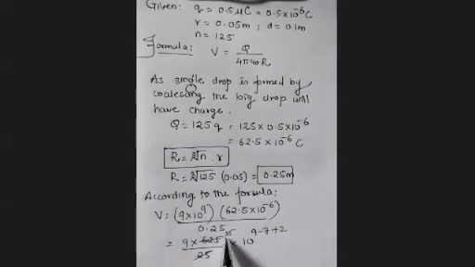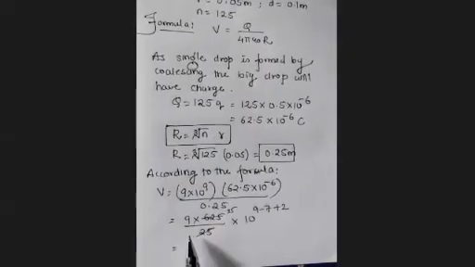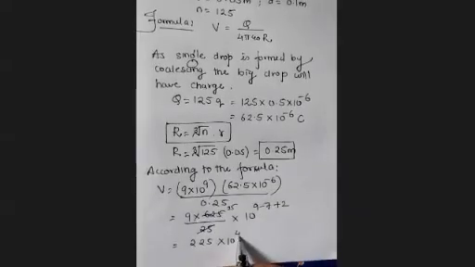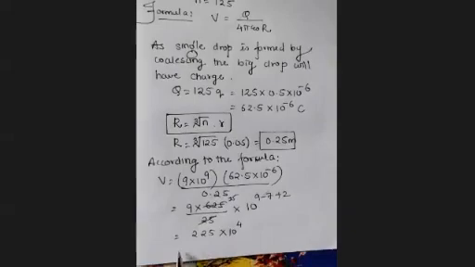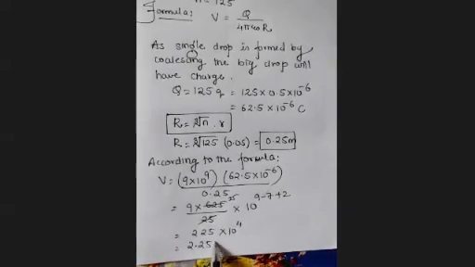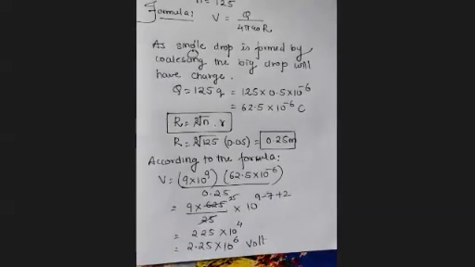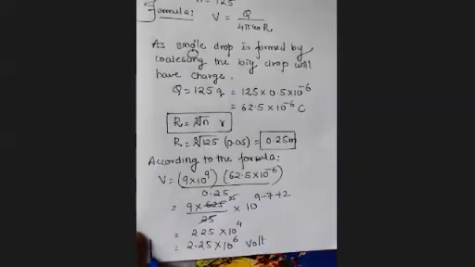So 25 into 9 is nothing but 225 into 10 raised to power 9, so 11, 11 minus 7 gives 4. So this can be written as 2.25 into 10 raised to power 6. Potential value is in volts. So the answer is 2.25 into 10 raised to power 6 volts.